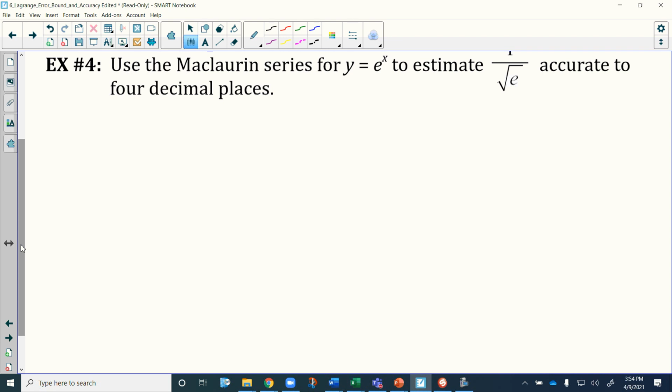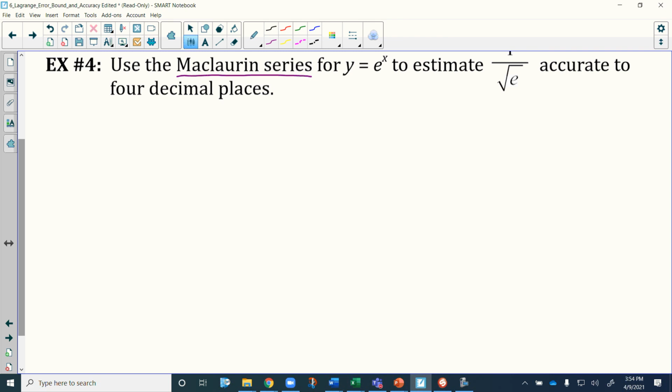All right, so estimate 1 over the square root of e to 4 decimals using the Maclaurin series y equals e to the x. Because it's a Maclaurin series, we want to know what remainder we are going to be looking at.